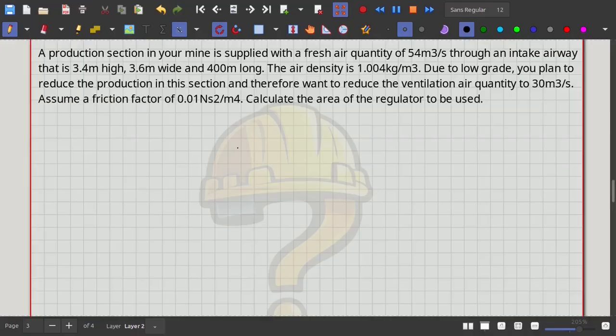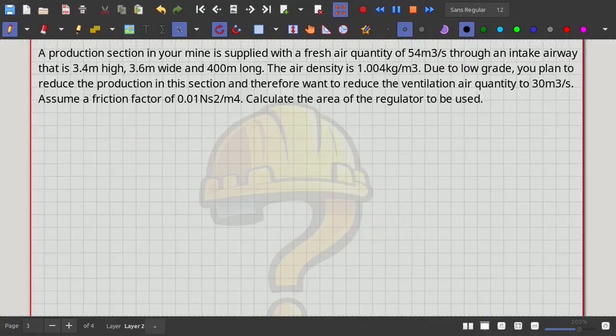So a production section in a mine is supplied with a fresh air quantity of 54 cubic meters per second through an intake airway that is 3.4 meters high, 3.6 meters wide, and 400 meters long. The air density is 1.004 kilogram per cubic meter.